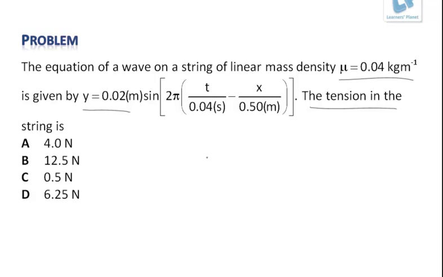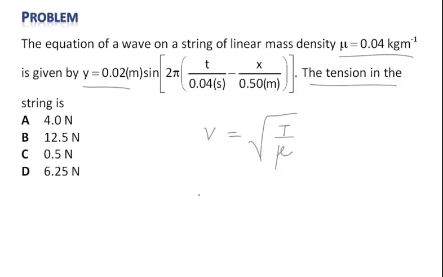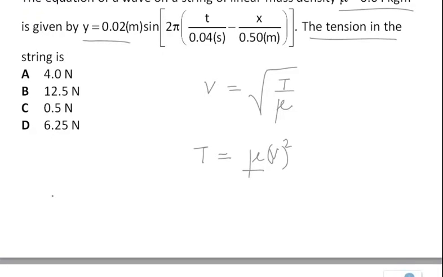Now when you have a transverse wave in a string, the velocity of wave is given by under root of T by mu. So tension T will be given by mu v square. Here mu is given to us, mass per unit length, and we have to find v. The equation of wave is given by y is equal to A sine omega t minus kx.